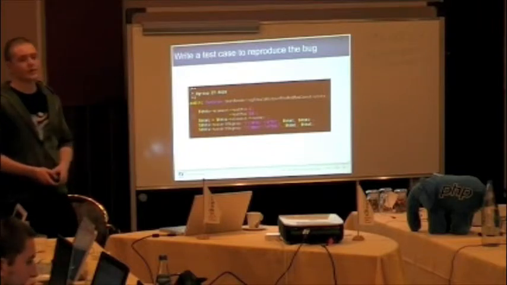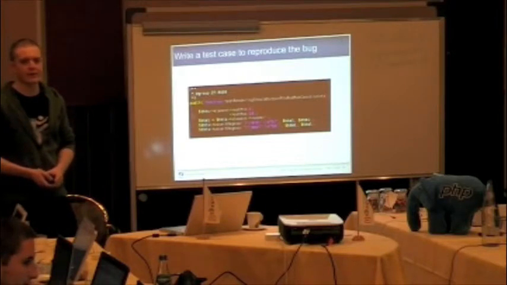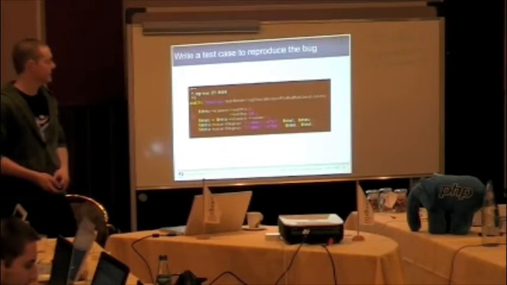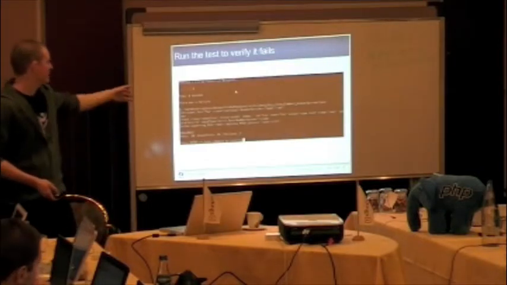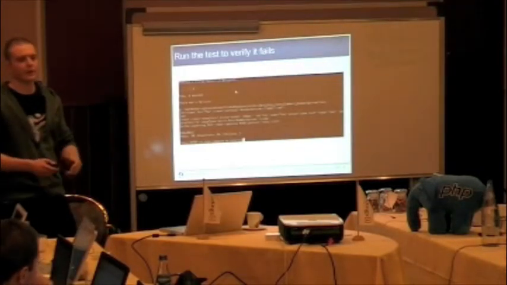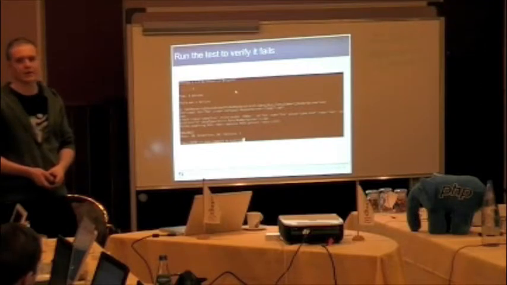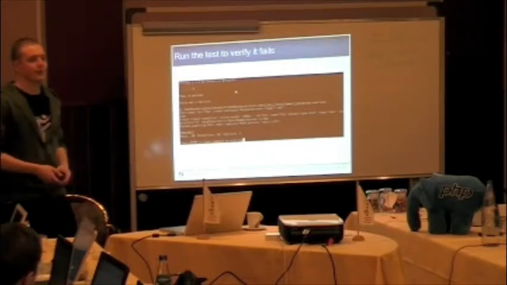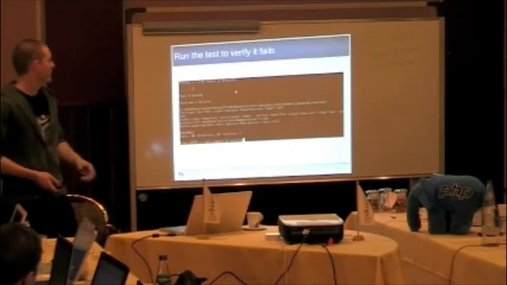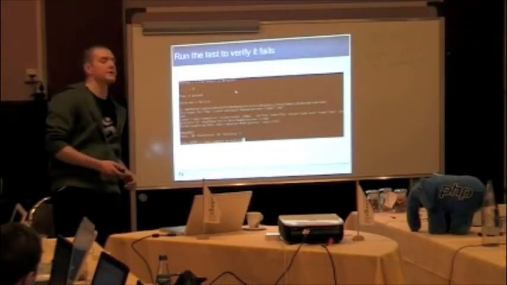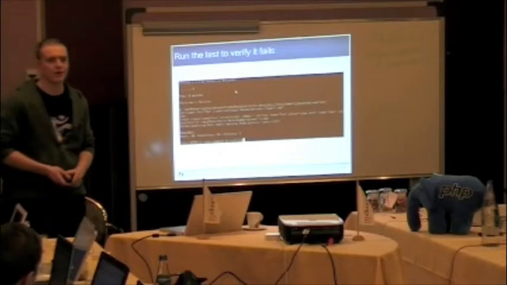Then assert what the proper value should be, and in this case, it will make the test fail, like such. PHPUnit will produce a nice error message detailing what went wrong and where it went wrong, and hopefully this is the name of the test case you just wrote.